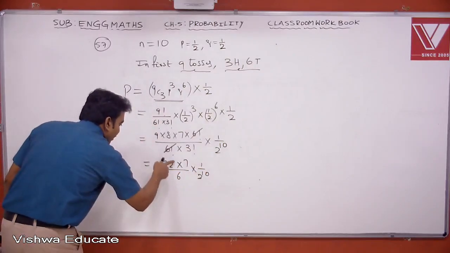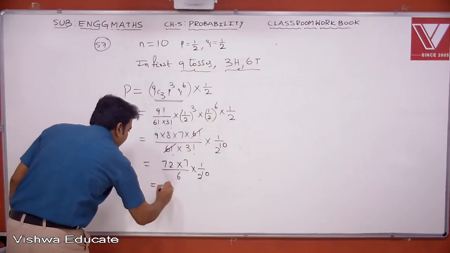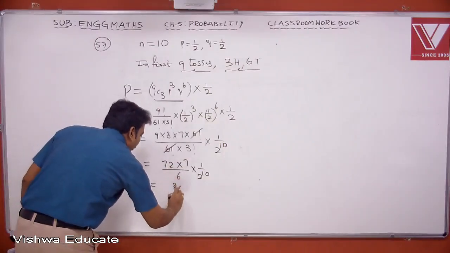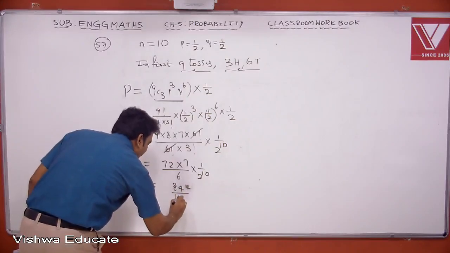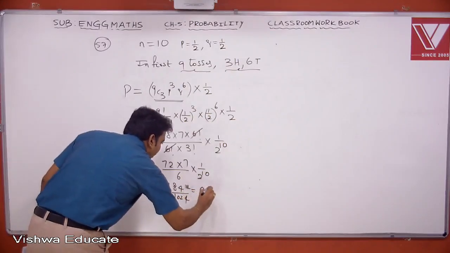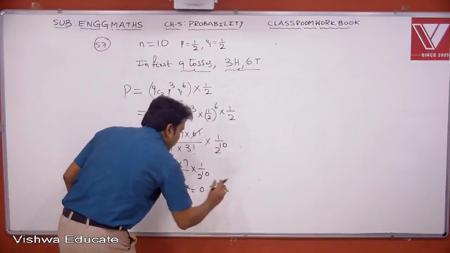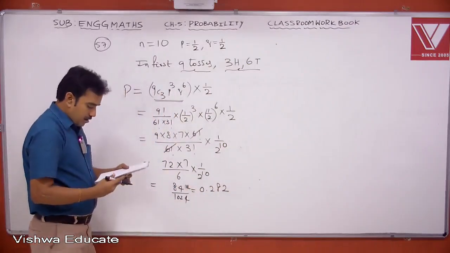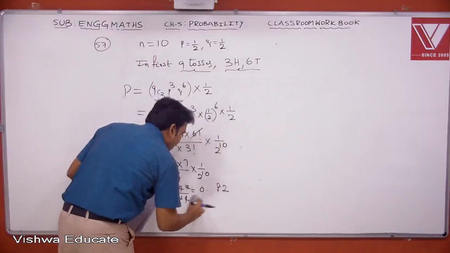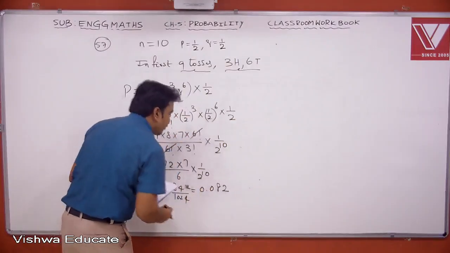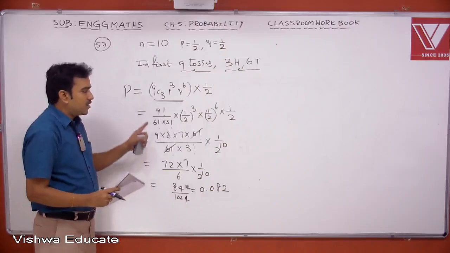So 6 will cancel into 72, 12 times. So 12 into 7, 84, into 1 by 2 power 10. This is nothing but 84 divided by 1024. So this value is 0.082.